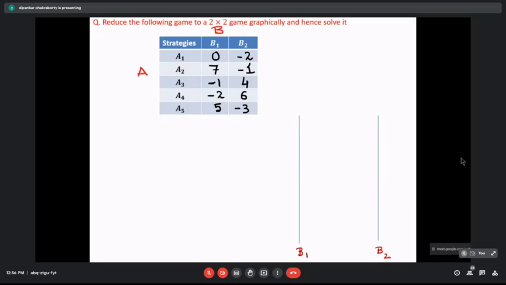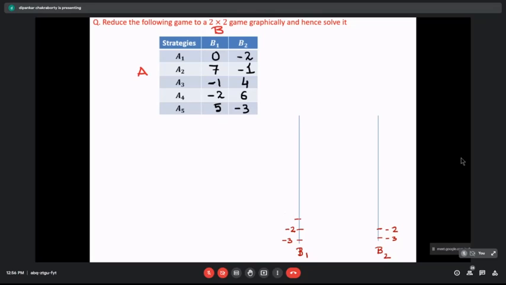Now again we are going to do the same way. First we are going to find the minimum number appearing in this payoff matrix, which is -3, as you can see, and the highest is 7. So we are going to start with -3, -2. We are going to write down each integer value between -3 and 7, whether it belongs to the payoff matrix or not does not matter.